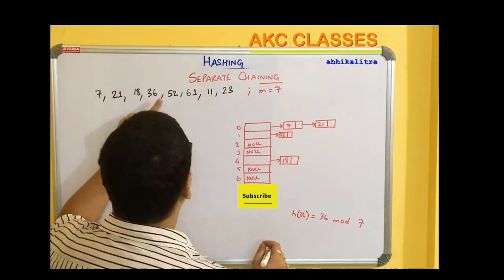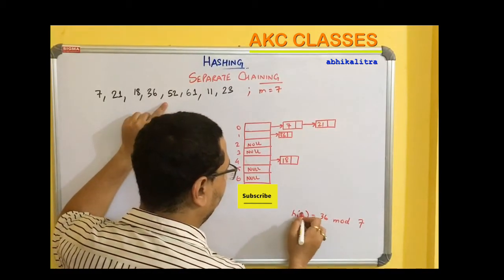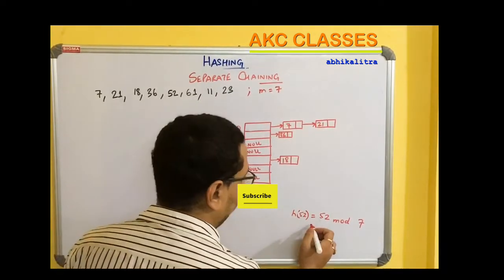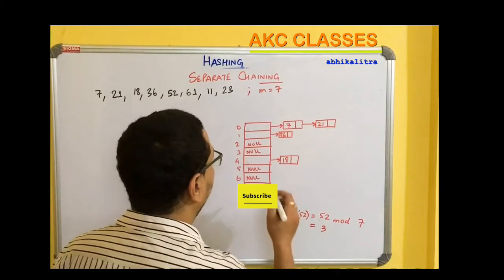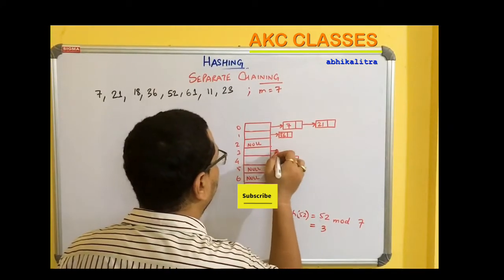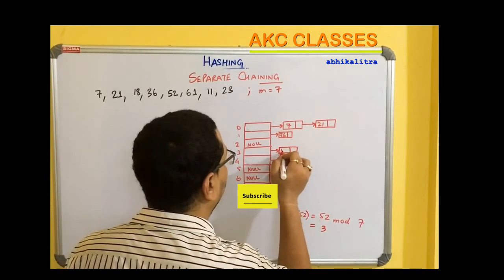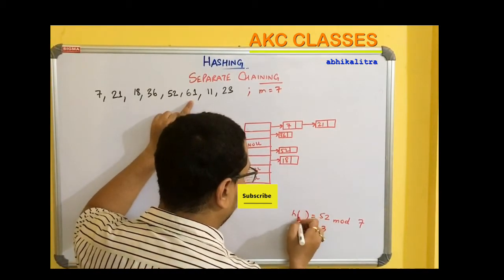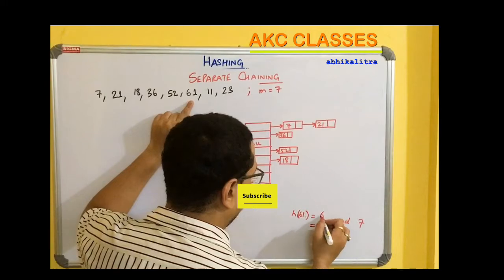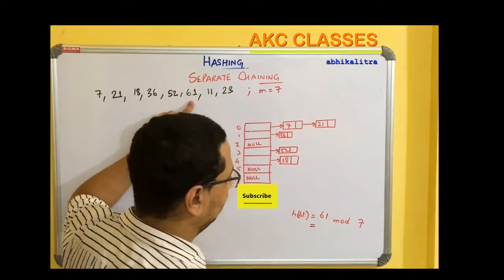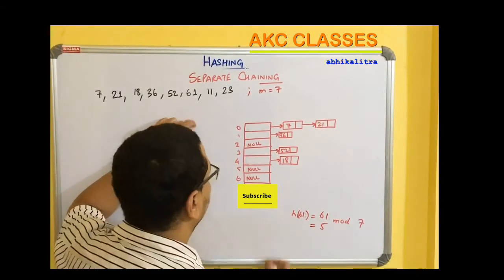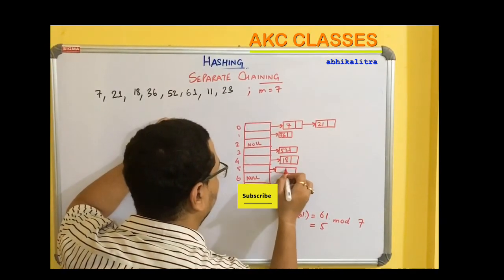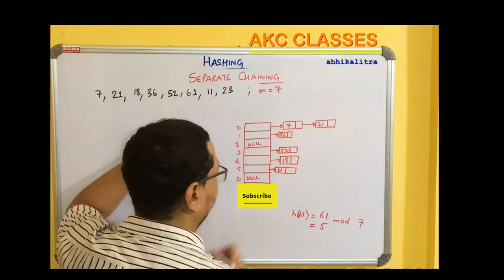Now we move on to 52. 52 mod 7 is 3, so at the third location we place 52. Now we move on to 61. 61 mod 7 is 5, so at location 5 we place 61.